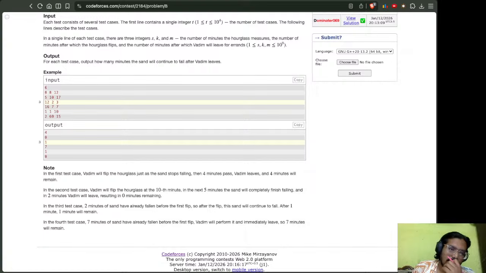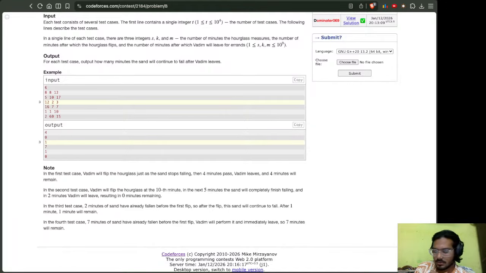Okay, and after 3 minutes, that means, 1 minute, 2 minute, 3 minute, 4 minute, let's see what happens if he leaves. If he leaves after 1 minute, 12 is falling from above and we didn't flip, so we will have exactly 11 minutes of time left.